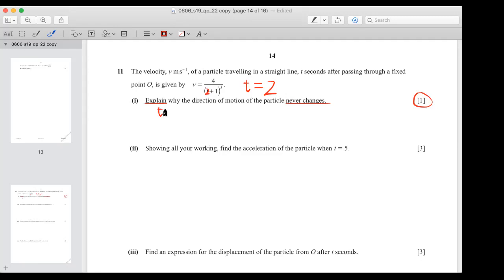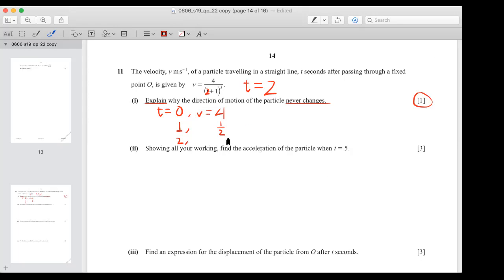Let me just write it here for you to see the pattern. T equals 1, and this would be 1 over 2, and for 2 it's 4 over 27.